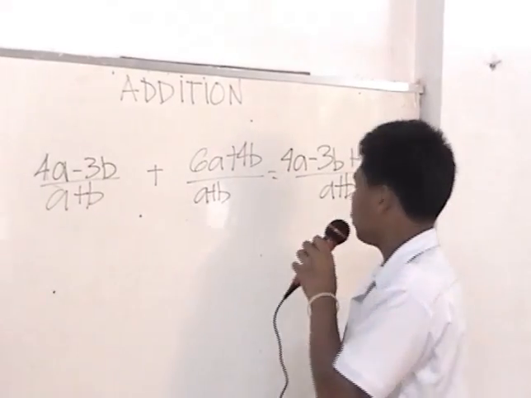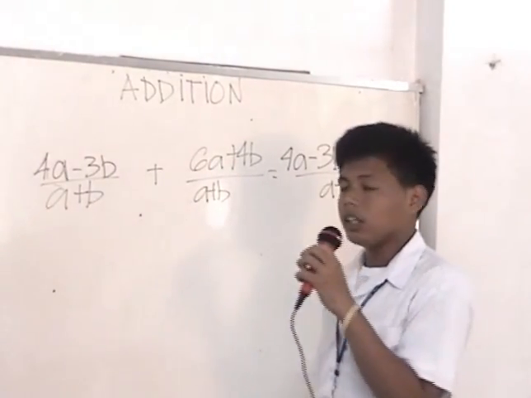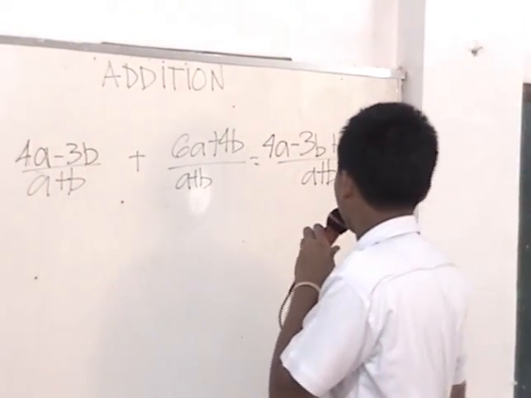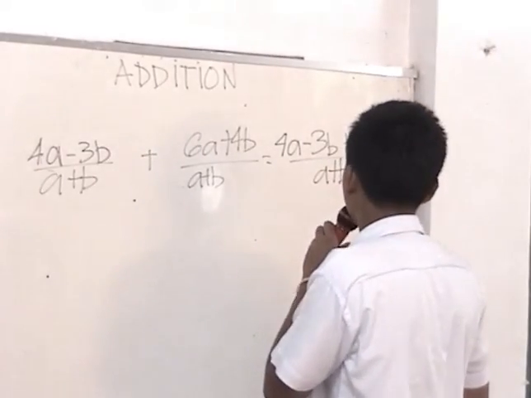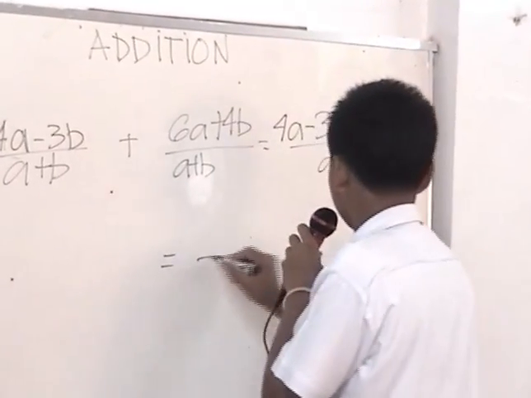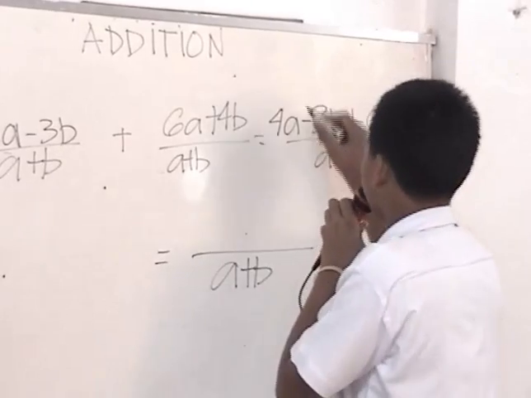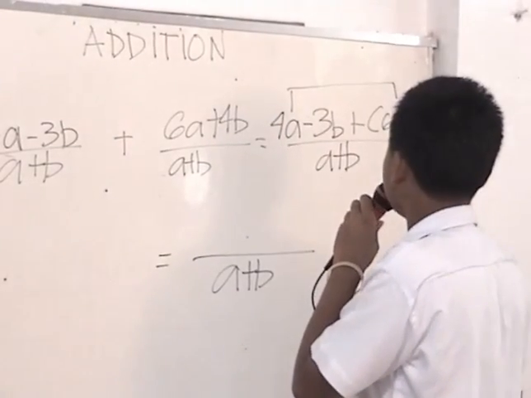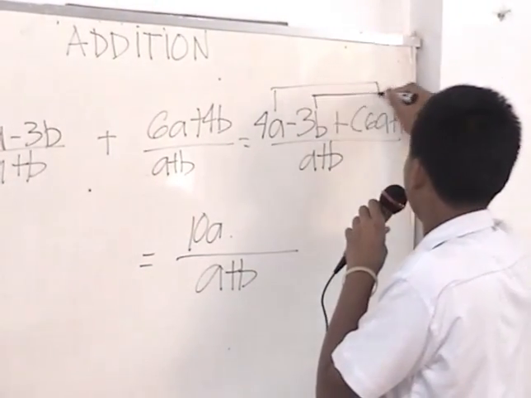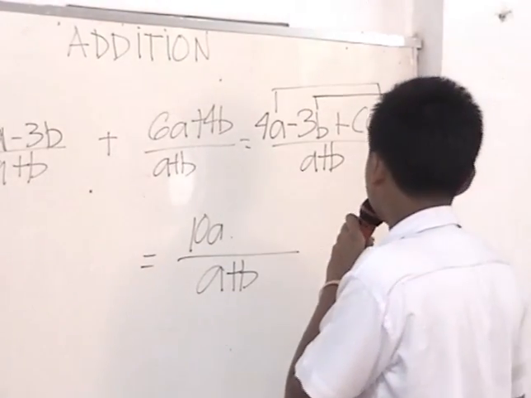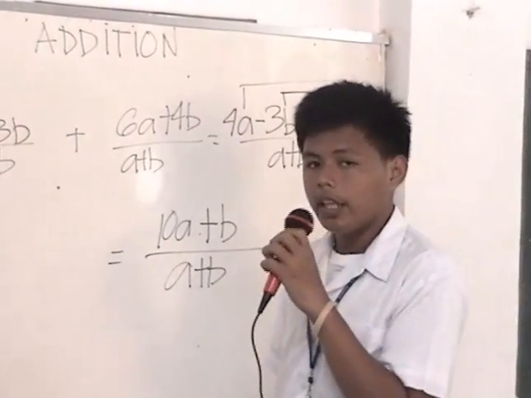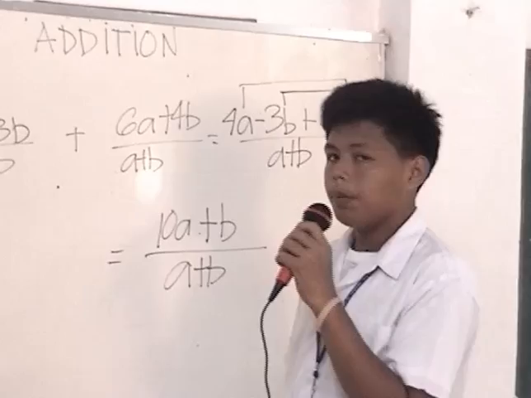And it's important to have parentheses because it means that this consists of two expressions. Since there are like terms, we need to add them. 4a plus 6a equals 10a. And negative 3b plus 4b is equal to positive b. And the answer is 10a plus b over a plus b.